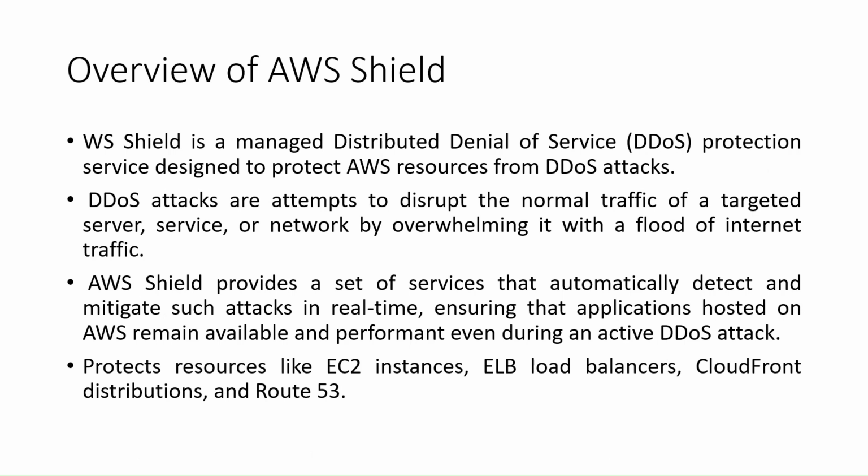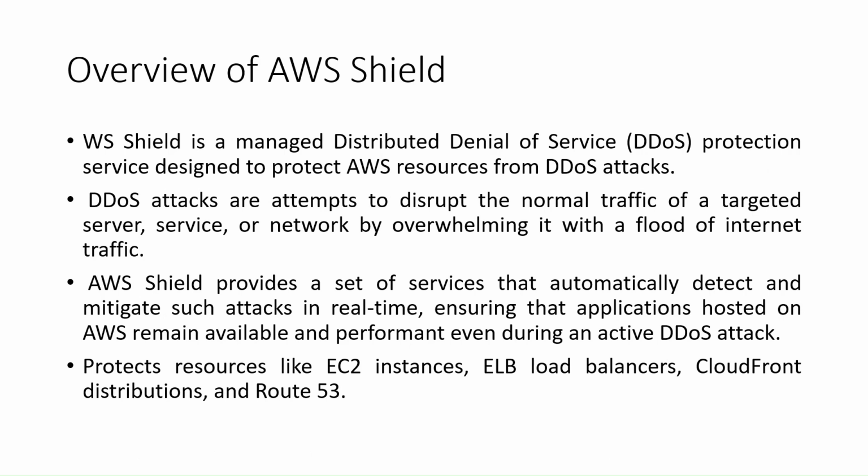Now let's take an overview of AWS Shield. AWS Shield is a managed distributed denial of service protection service designed to protect AWS resources from DDoS attacks. DDoS attacks are attempts to disrupt the normal traffic of a targeted server, service, or network by overwhelming it with a flood of internet traffic.